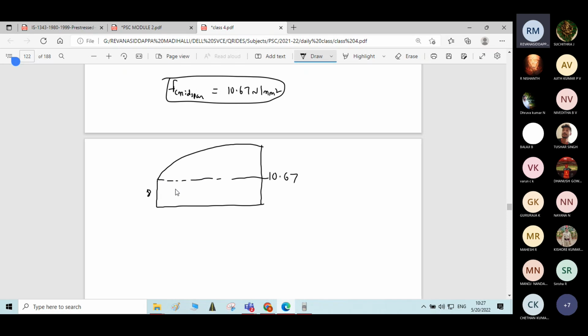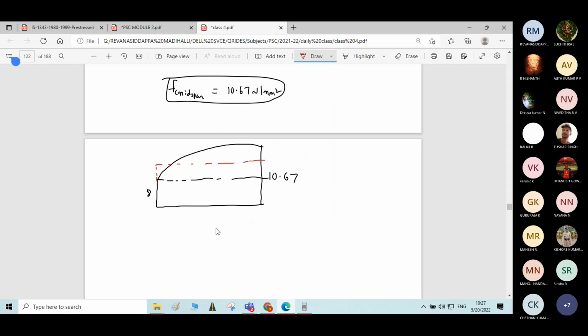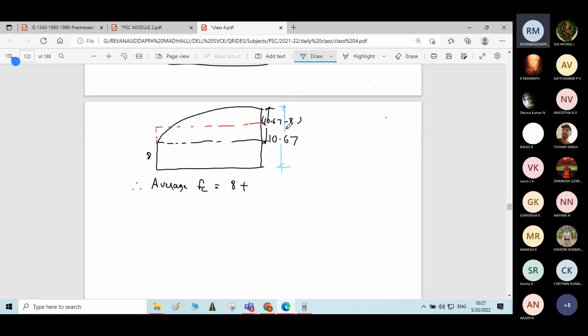Same as the previous problem, average FC is equal to 8 plus 2/3 of 10.67 minus 8.